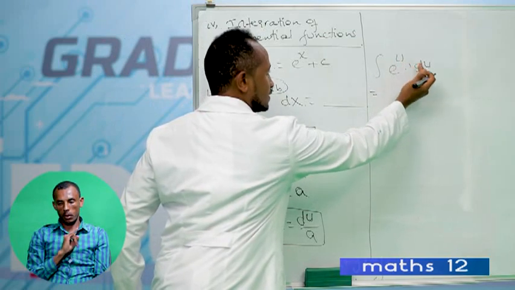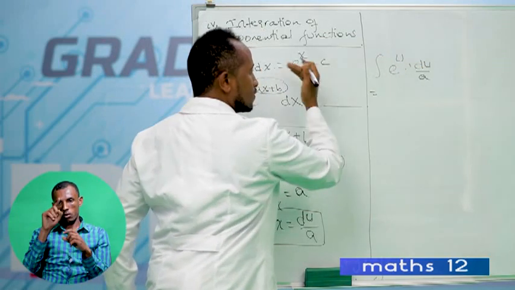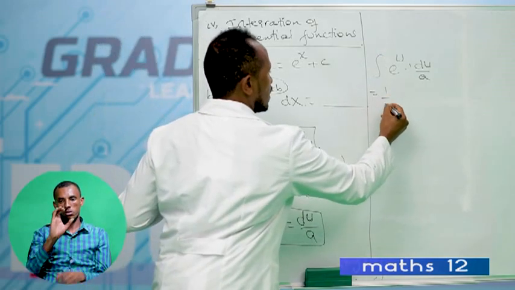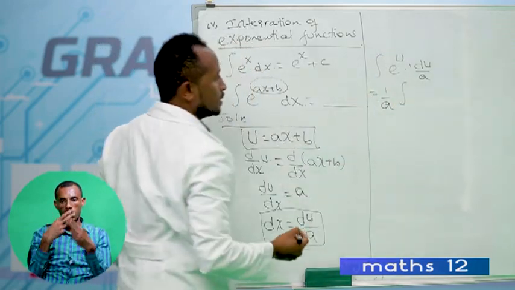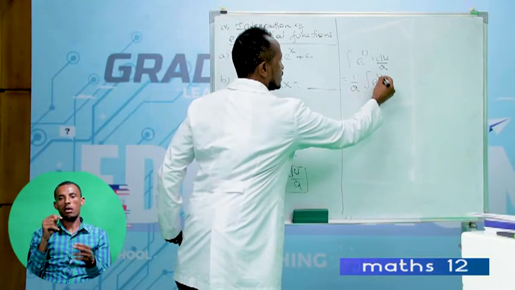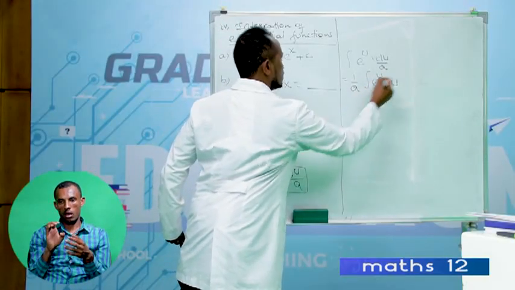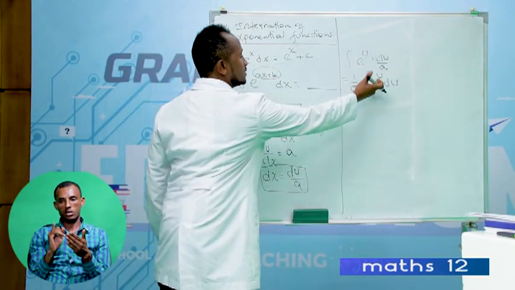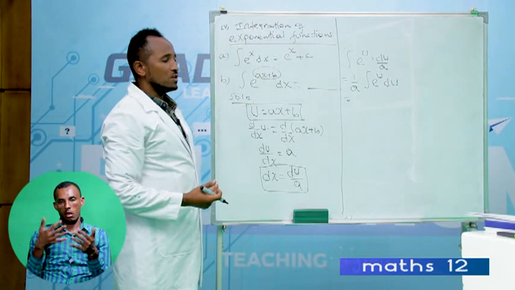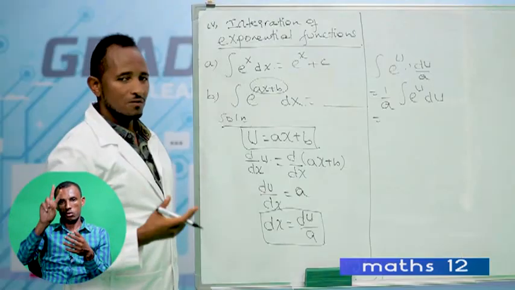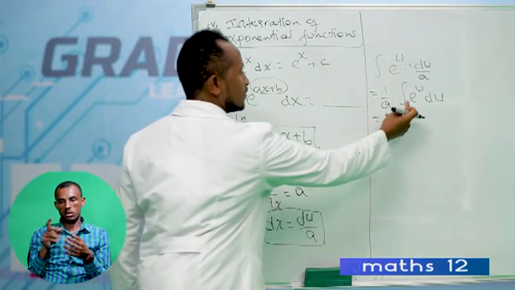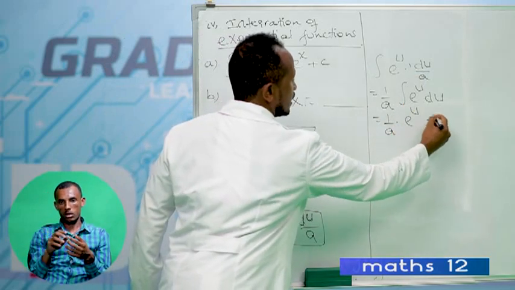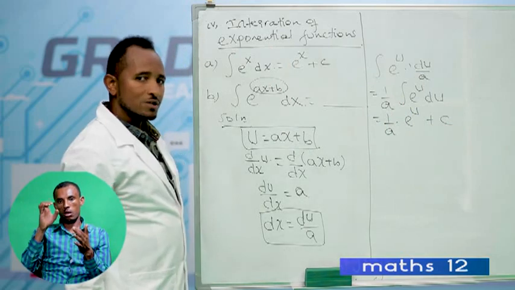I can factor out 1 over a from the integral sign because it is constant. So it's 1 over a times the integration of e raised to u du. This is easily computed because we know it: it is the integration of e raised to x dx form. So the integration of e raised to u is e raised to u. And don't forget the integration constant c.